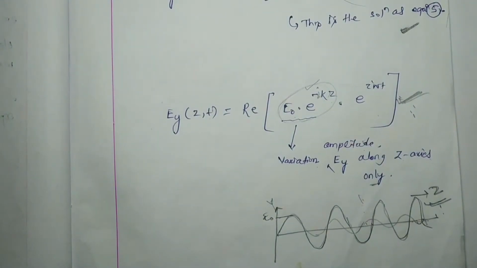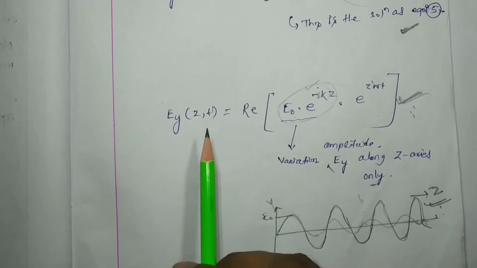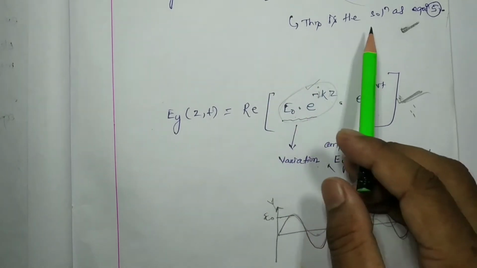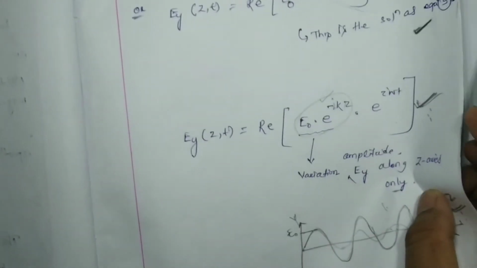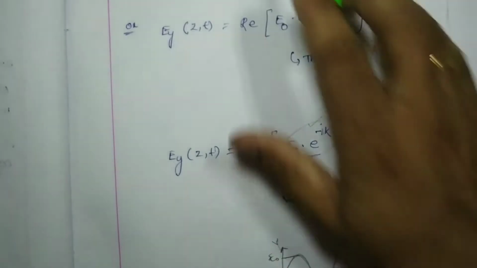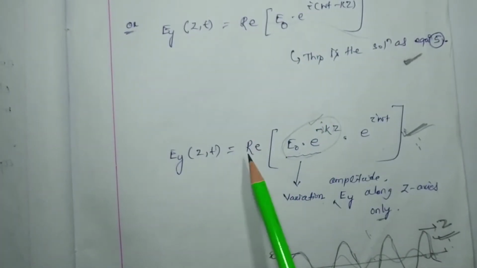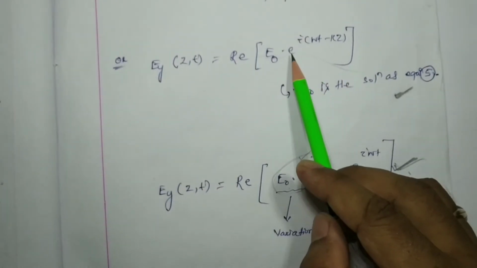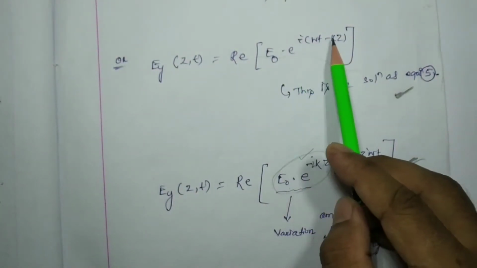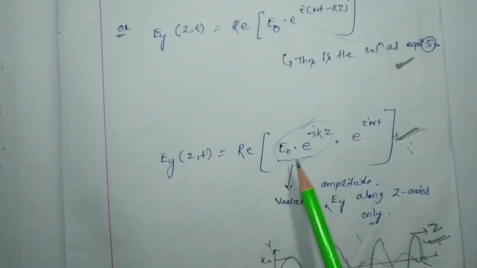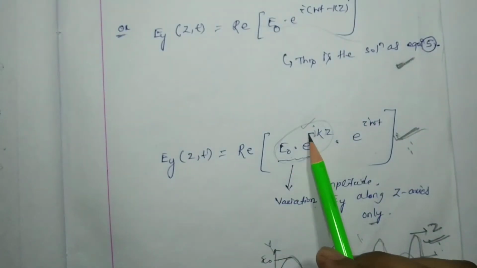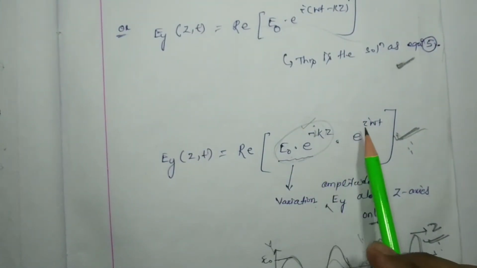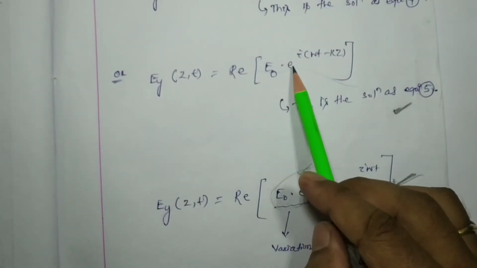This equation number 5 can also be written as Ey(z,t) equal to the real part of E0 e to the power i(omega t minus kz). So it can be written as E0 into e to the power minus i kz into e to the power i omega t.